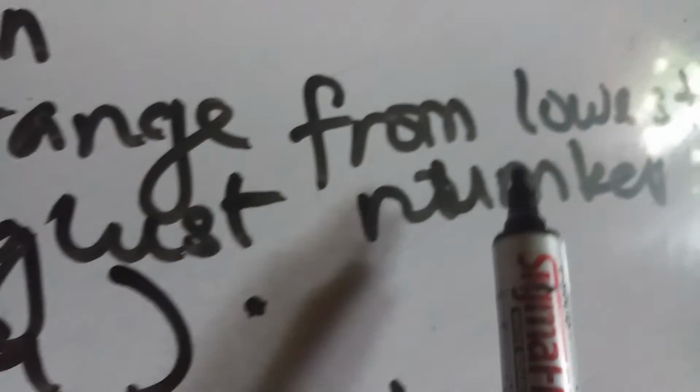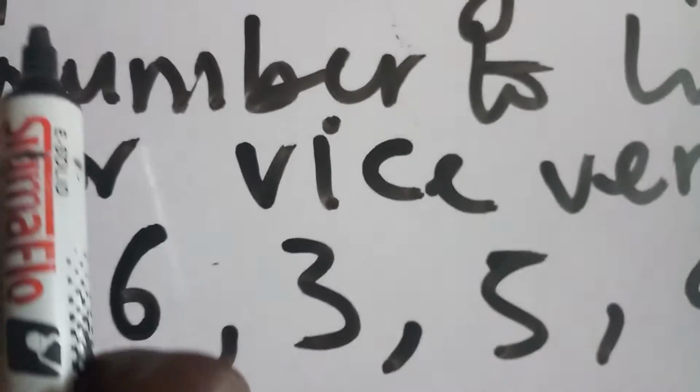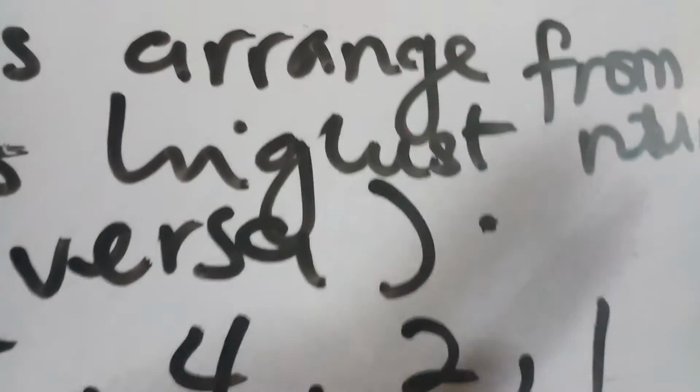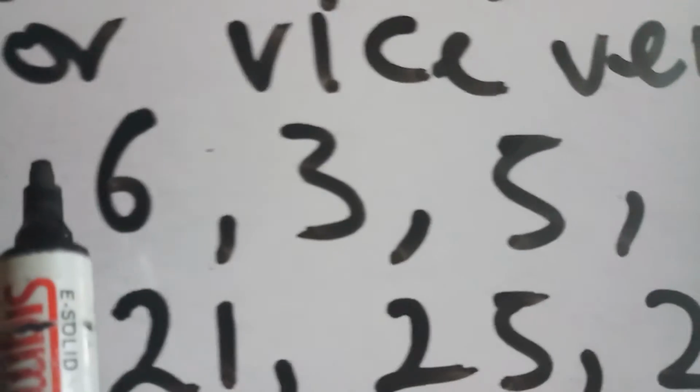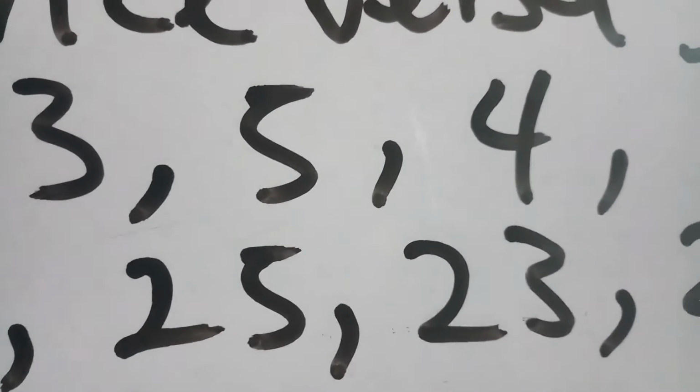Find the median. Please note that you always arrange from lowest number to highest number, or vice versa, if you want to find the median. It's very important. Like this is scattered, so you have to arrange it before you can get the median. For here we have 6 3 5 4 2 1.